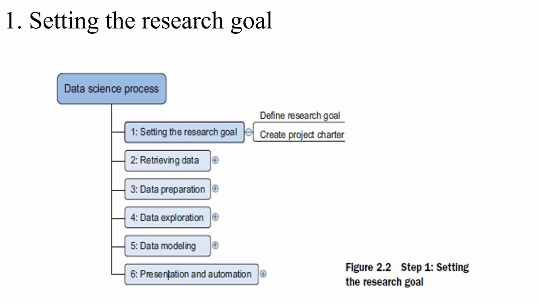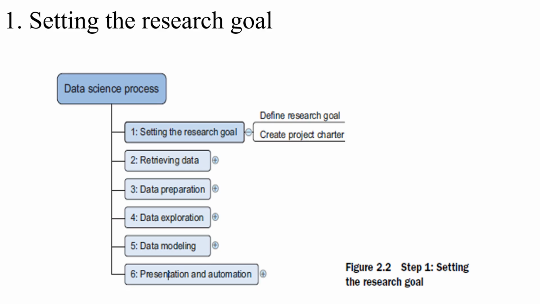The first process is finding the problem statement or setting the research goal. Under this research goal, we have to say what the proper definition of the research goal is, and create a project charter.